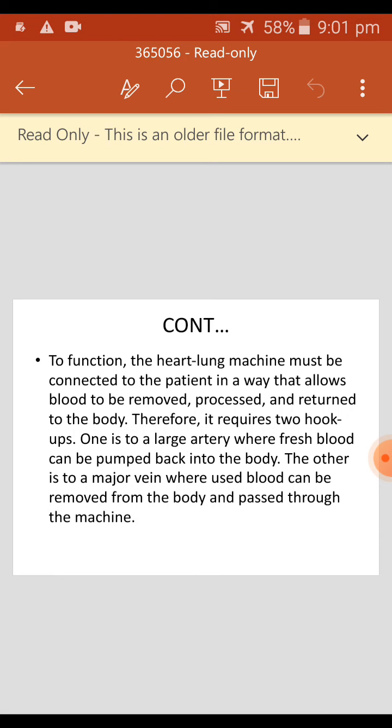Using this vent suction tube, excessive blood is drained, usually via the auricle of the left atrium, into the cardiotomy reservoir of the HLM.